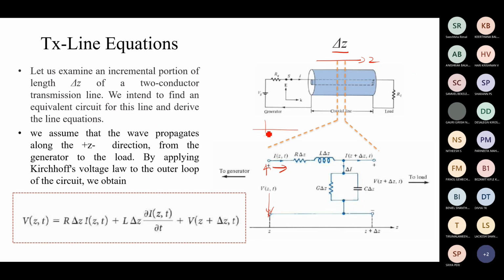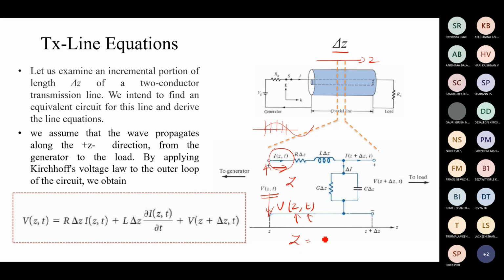Because when the wave is traveling like that, everywhere it is going to vary. So it is given as V of z and t, which means it varies with respect to space and time, and this is also applicable for the current.